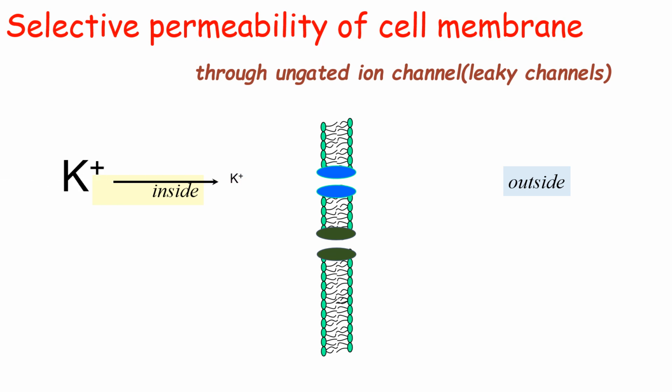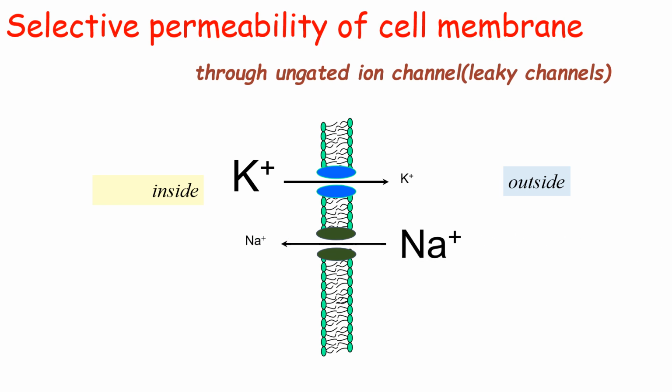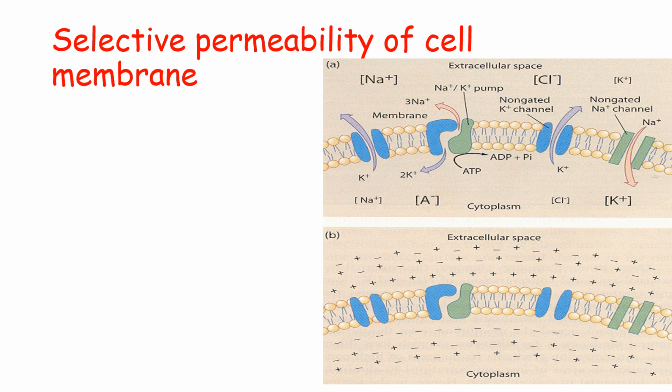For example, the cell membrane is more permeable to potassium as compared to sodium. So we have more potassium leaking from the inside of the cell to the outside as compared to the influx of sodium from the outside of the cell to the inside.